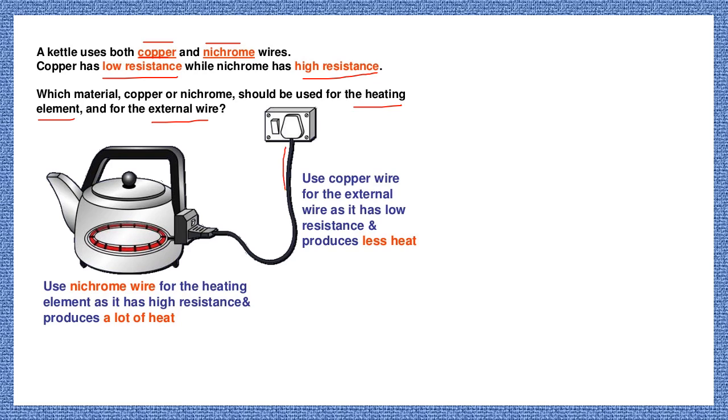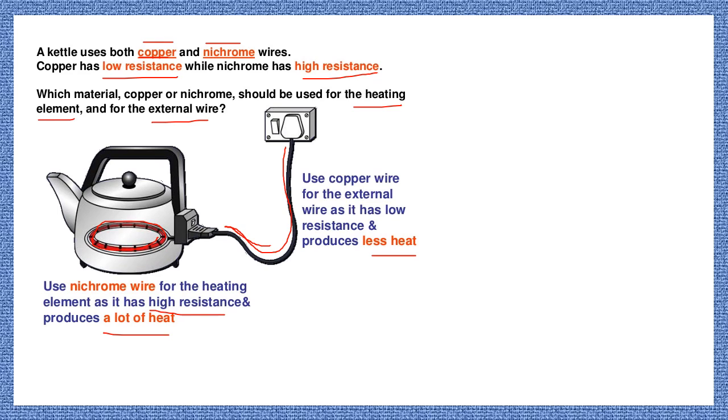External wire means this, here copper wire is used. Why? Because it has low resistance. Okay, it is a good conductor of electricity, so electricity can flow easily through it and it will produce less heat. While inside the coil here nichrome is used for heating the element. Why? Because it has high resistance, and with high resistance the amount of heat produced will be more.